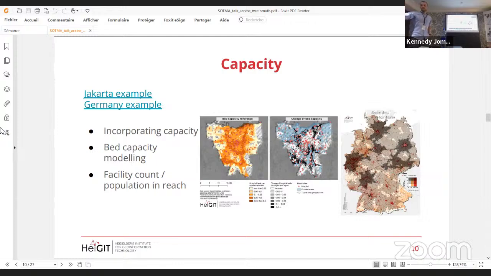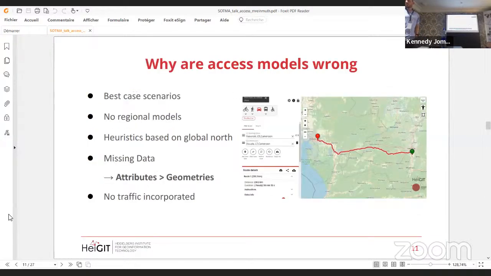But now let's talk about the problems with these models. Because what you have seen so far is a best case scenario. We have a lot of these models, but let's put it that way: they are best case scenarios.